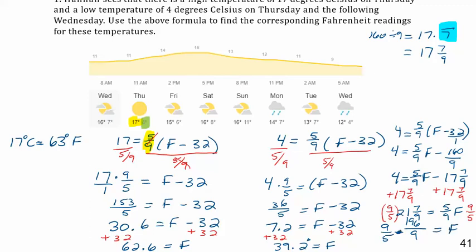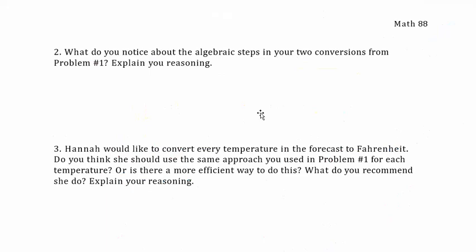So the one nice thing here is that these 9s will reduce. So I just have to do 196 divided by 5. So if I do 196 divided by 5 on my calculator, I get 39.2. So you can see these two different methods of solving. In some cases, there is an advantage to doing it one way over the other. All right, let's continue on here.